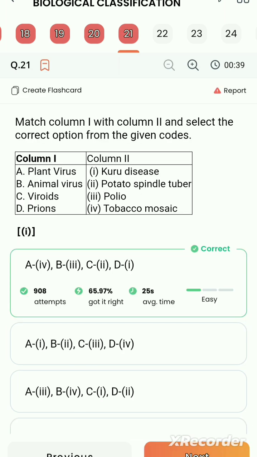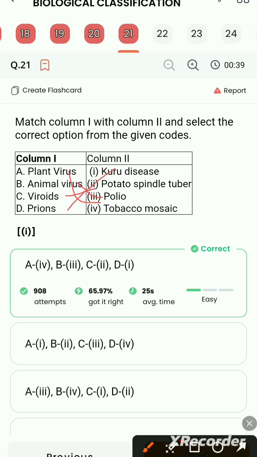The options are: plant virus is tobacco, obviously. Animal virus is obviously polio, viroids here is potato spindle tuber, and prions is the cru disease. So option A is the correct answer.